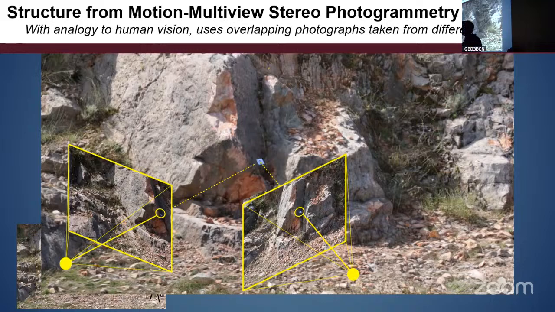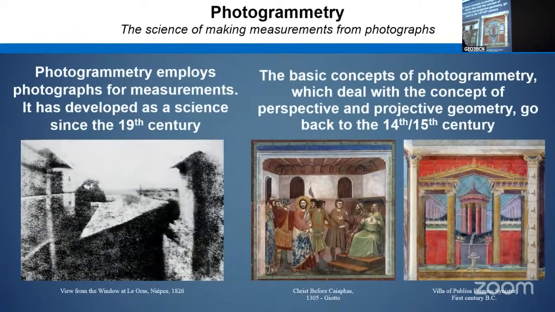We have different images of the same object taken from different viewpoints, and by connecting the same point seen in two overlapping photos, the photogrammetry software is able to reconstruct a 3D scene. Essentially, photogrammetry is the science of making measurements by using photos.